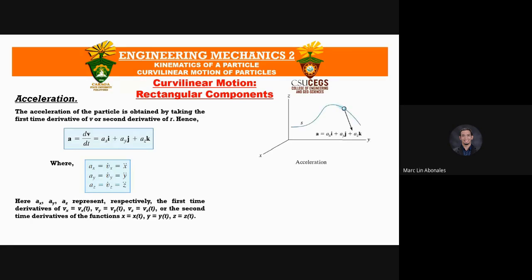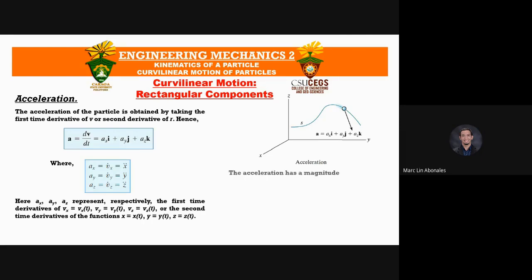And this is the illustration of the acceleration of your particle. And as I mentioned earlier, your acceleration is not tangent to the curve. Unlike the velocity in the previous slide, where the velocity is tangent to the curve, the acceleration is not tangent to your curve path.